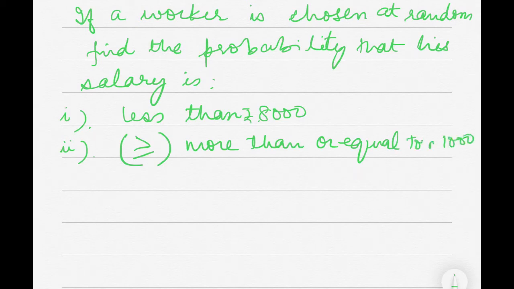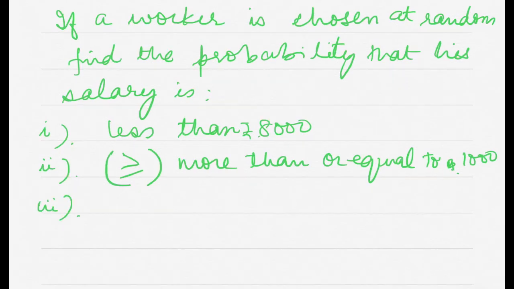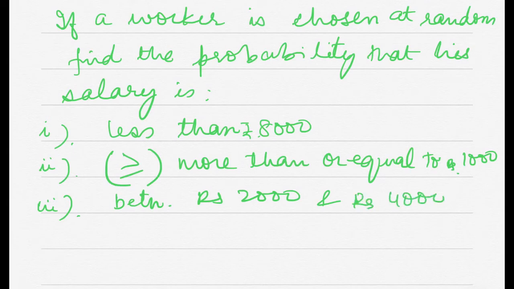Then the third part says more than or equal to 2,000 but less than 4,000 rupees. Because they are saying equal to also, if I say equal to, I think that makes sense. So between 2,000 and 4,000 rupees. Okay, that's fine.